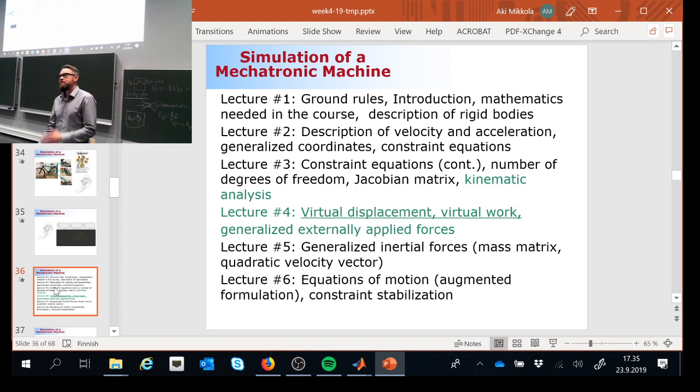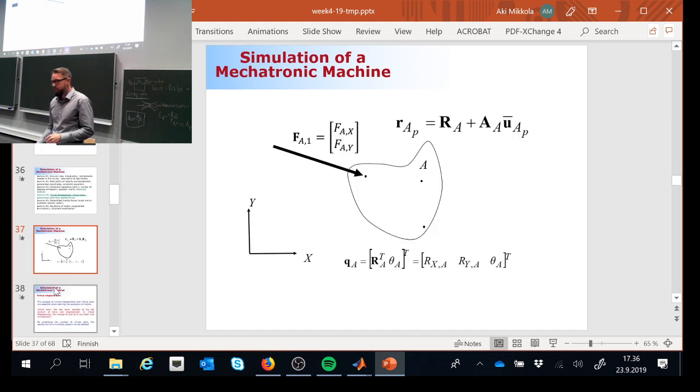So let's look at what virtual displacement and virtual work are. Now we're going to change completely the point of view, because so far there has been no discussion about forces, and from this point on it's all about forces. We have a big challenge: everything has to be expressed in terms of the variables we are dealing with.